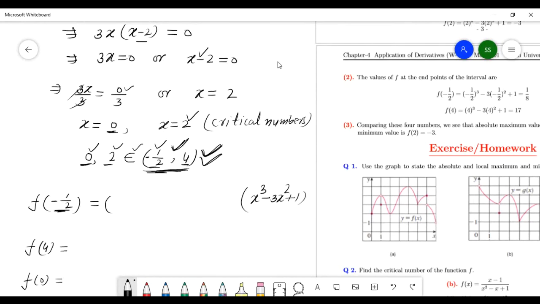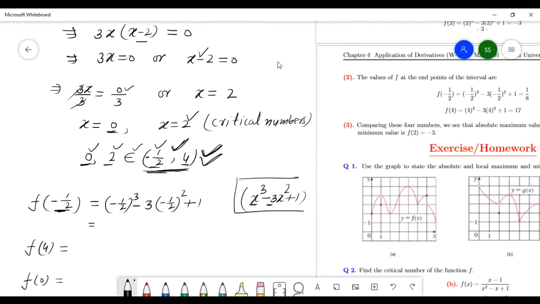Here x is minus 1, so minus 1 power 3 minus 3 times minus 1 power 2 plus 1, for this function. So now what does this equal?